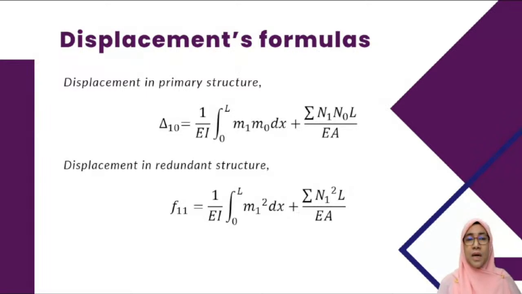So we will integrate two moment equations like what we have done in beam and frame analysis, and we have to add this with the displacement formula that we use in truss analysis. Okay, and then we have displacement in redundant structure f11 as stated, combination of EI and EA as well.